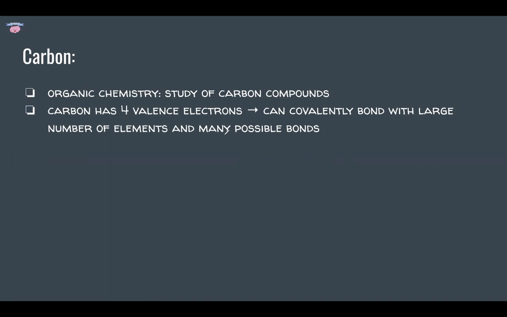Why does that matter? Well, methane, for example, needs 4 more electrons, right? So methane is CH4. Each hydrogen shares an electron, so it can literally bond with 4 hydrogens.